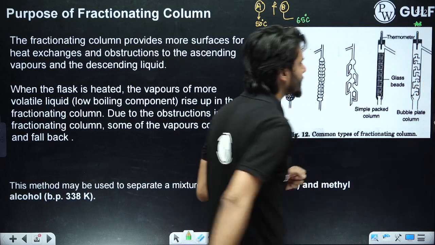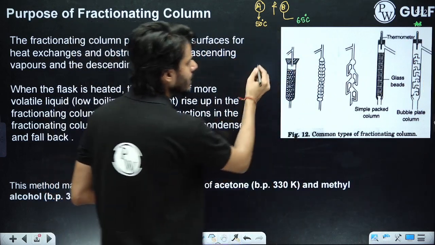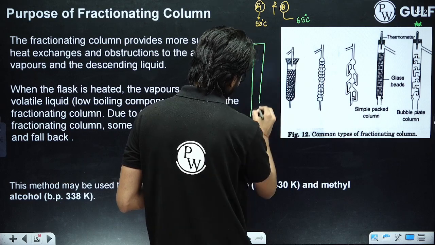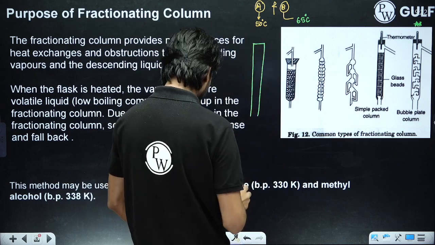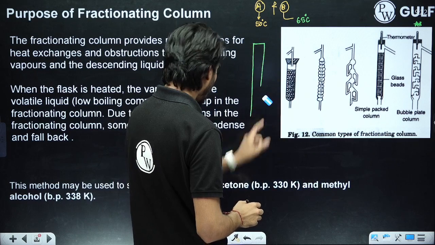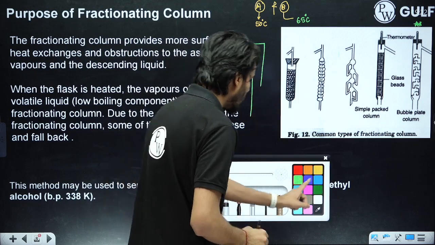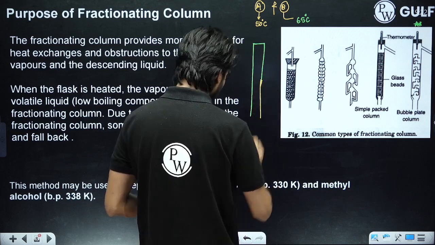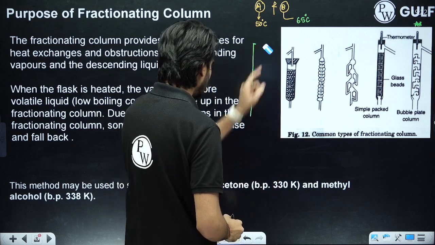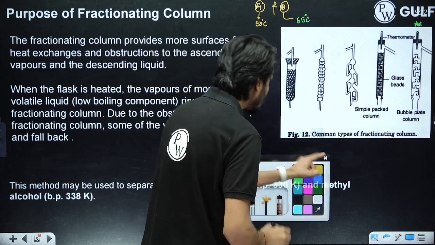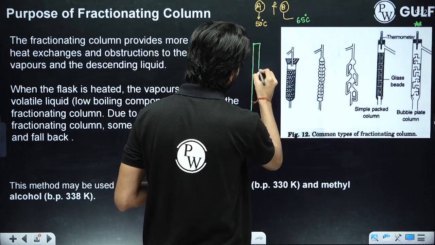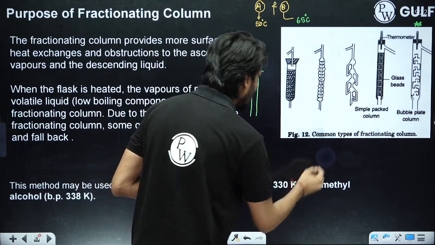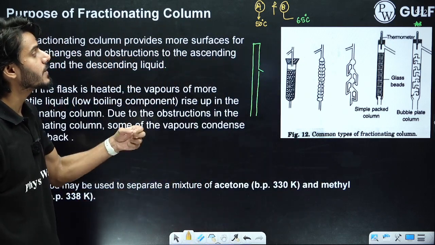Let me give you one more diagram of it. After vaporizing your miscible mixture, you have to pass it through this fractioning column, and this fractioning column is going to help you separate out both organic compounds having very similar boiling points.